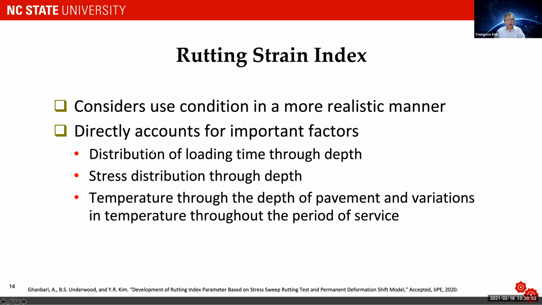Okay? So we account for distribution of loading time through depth and stress distribution through depth and temperature through the depth of pavement and variation in temperature throughout the period of service, because EICM is connected to FlexMat to calculate the rutting strain index.